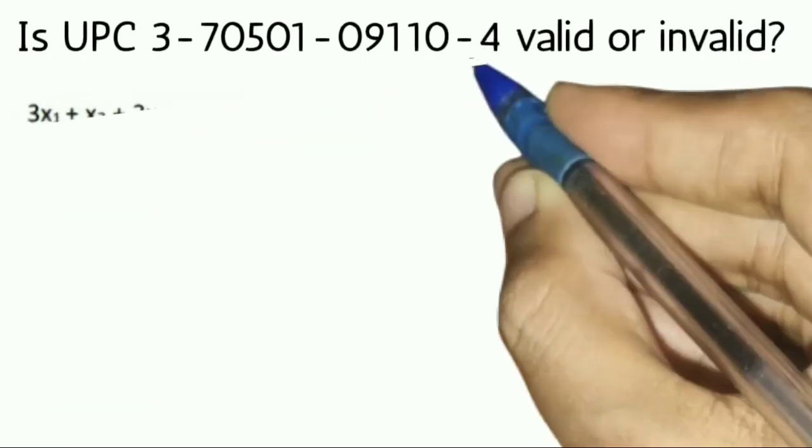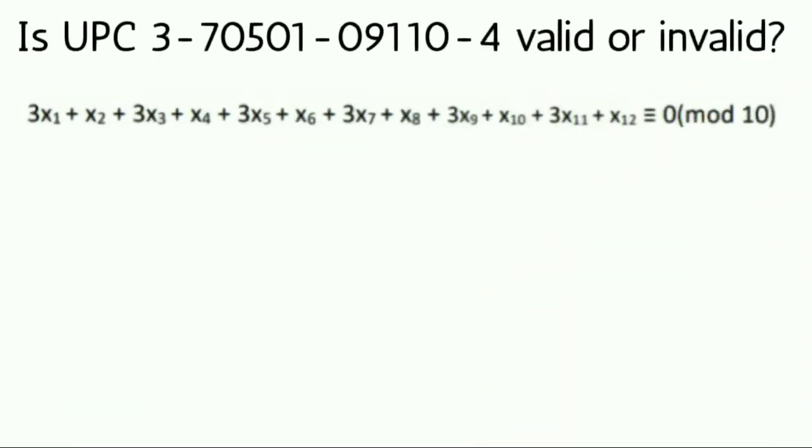To tell if it is valid or invalid, let's use 3x sub 1 plus x sub 2 plus 3x sub 3 plus x sub 4 plus 3x sub 5 plus x sub 6 plus 3x sub 7 plus x sub 8 plus 3x sub 9 plus x sub 10 plus 3x sub 11 plus x sub 12 and 0 are congruent modulo 10.